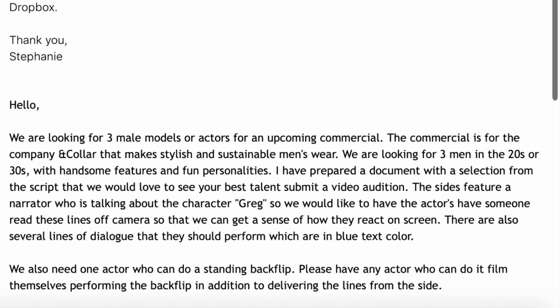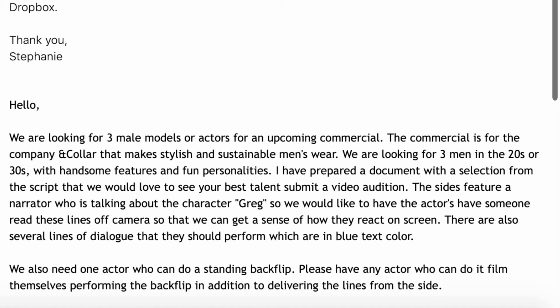And as you can see down below, the client or the ad agency who was putting this whole commercial shoot together said that they are looking specifically for 3 male models or actors for an upcoming commercial. The commercial is for the company that makes stylish and sustainable menswear. We're looking for 3 men in the 20s and 30s with handsome features and fun personalities.